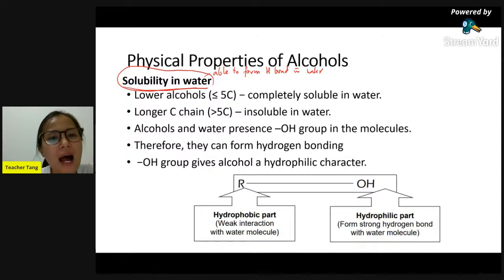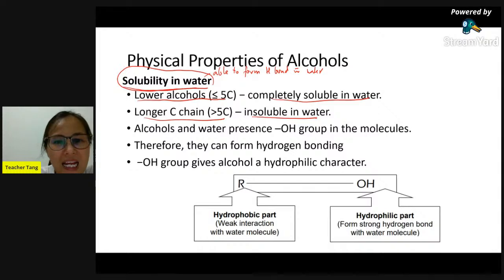Okay, so basically for alcohol that has less than 5 carbons, they are completely soluble in water. For alcohol with longer carbon chain, more than 5, they are insoluble in water.